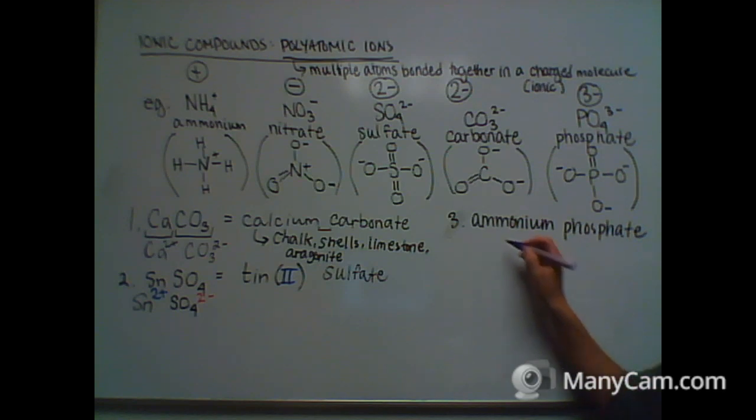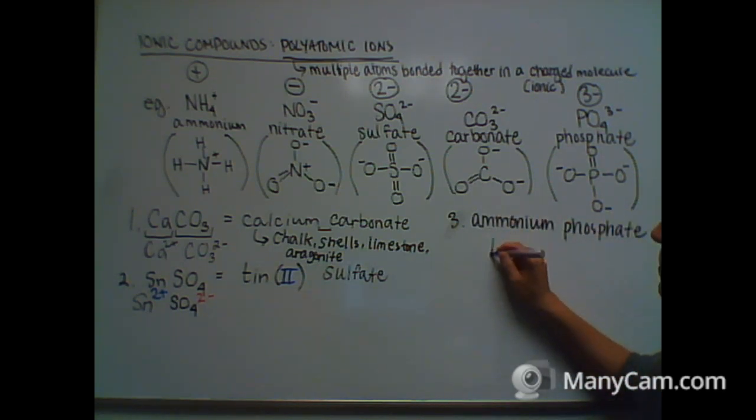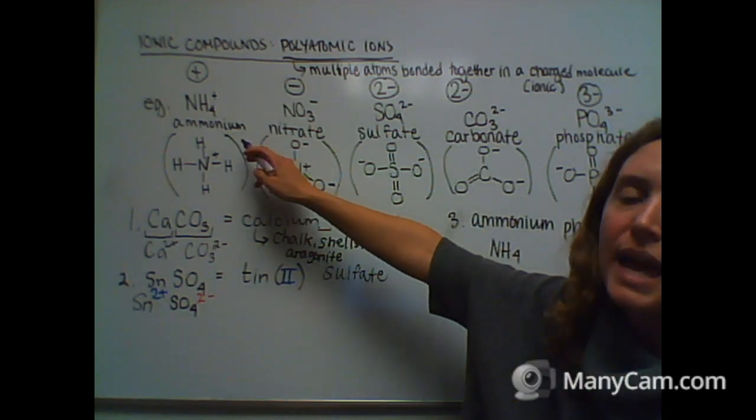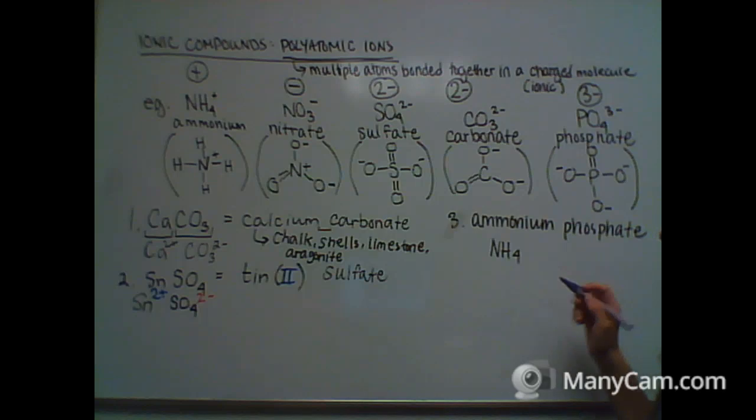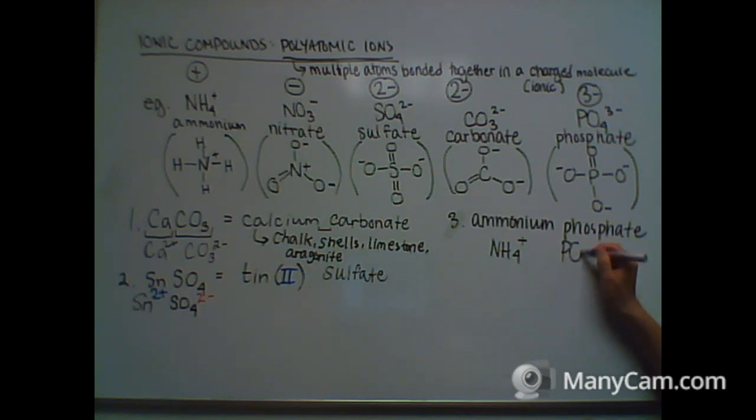This time we know which ions we're going to be working with. We've got ammonium, which is right up here. It's a polyatomic ion, ammonium, NH4+, and phosphate, PO4 3-.